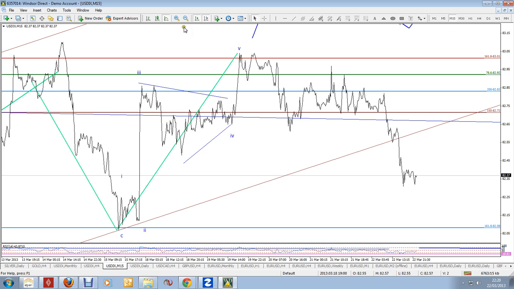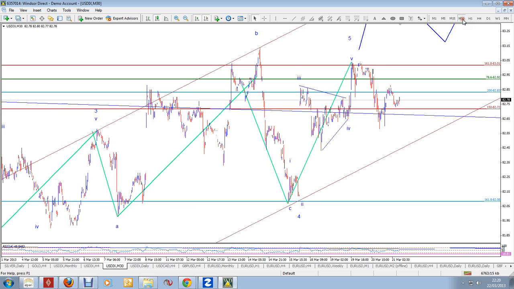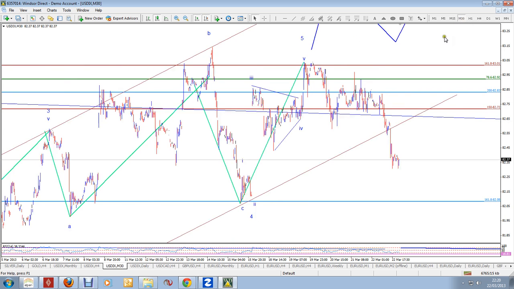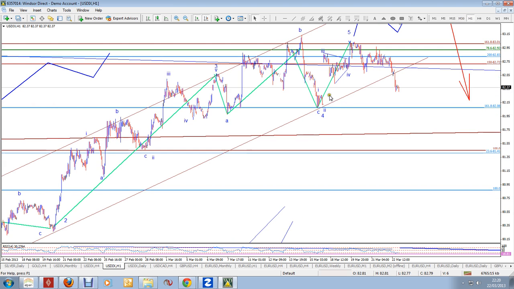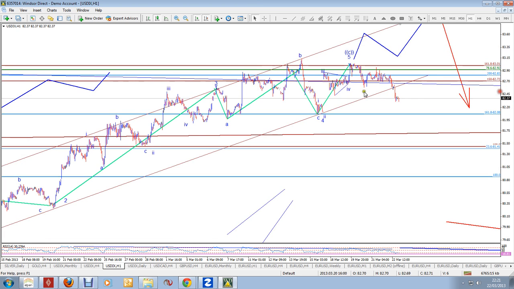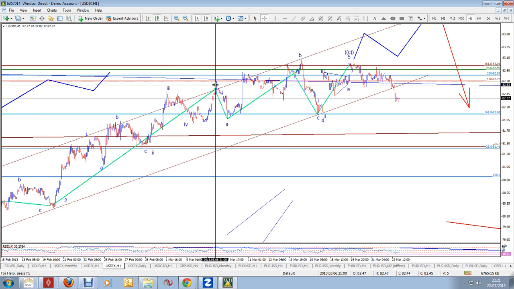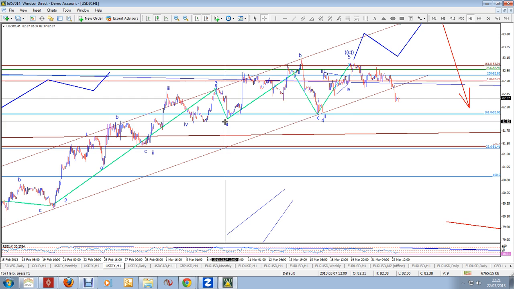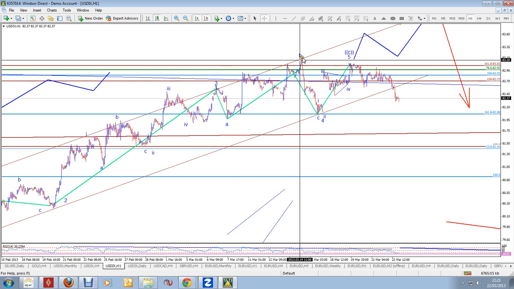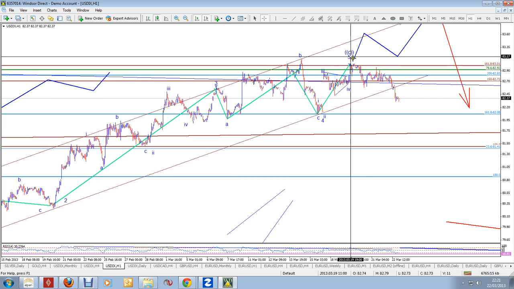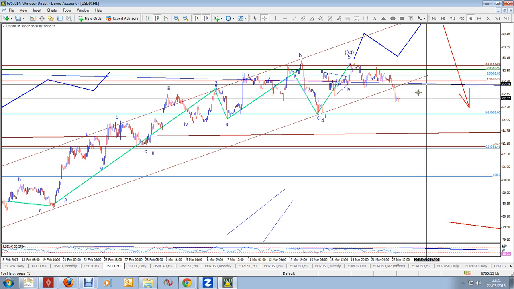So the second scenario, which is what I was trying to contemplate, is that we've got some very complex count here, and maybe we are going to get another high to complete this cycle to the upside. In that case, this might be wave 3, or maybe wave 3 further up here, and this would be 4 and then one final up.